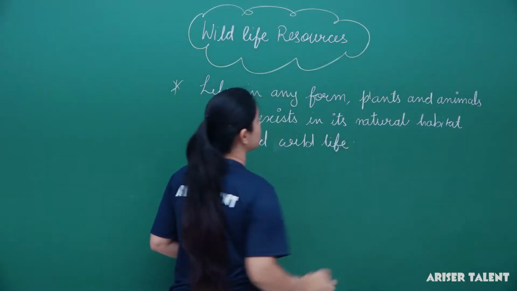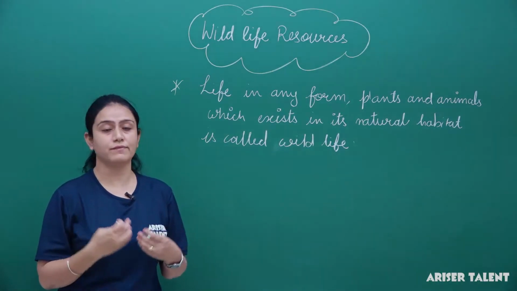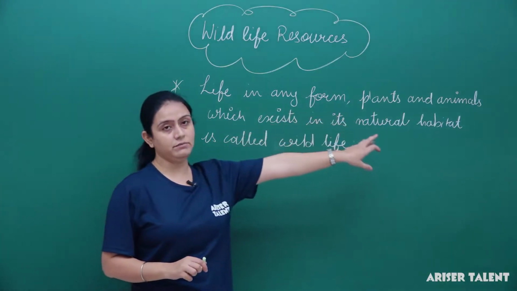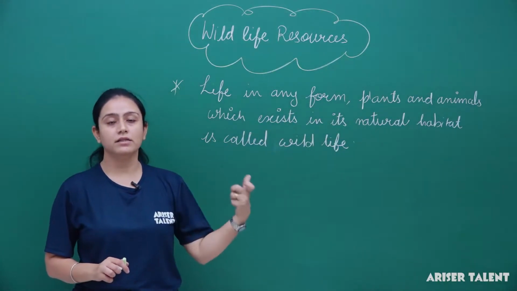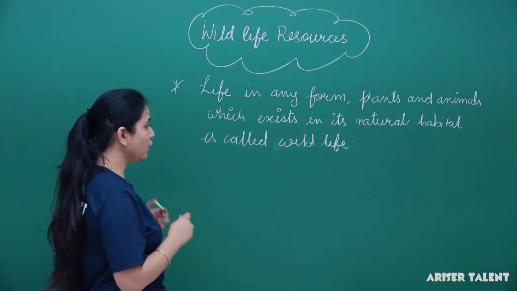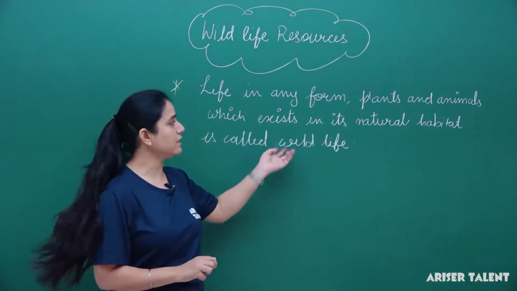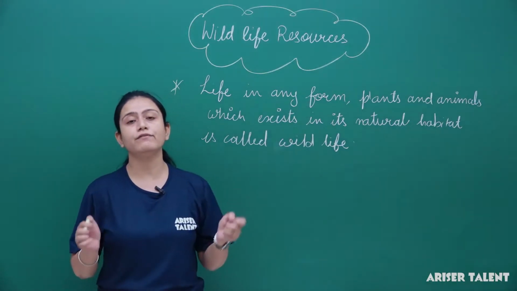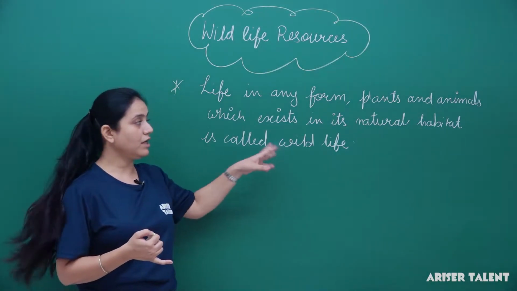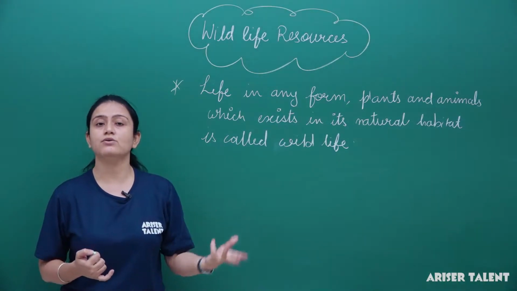Okay, and resources, as I already told you, resource means supply of something. So here whatever plants and animals are providing us, these are the reason that they are known as resources. Clear? So as we all know that as being human beings, our life is totally dependent on plants and animals, as we get different products from them, as we get wood, medicines from the plants, and from the animals we get their skin, even sometimes they are used for food.